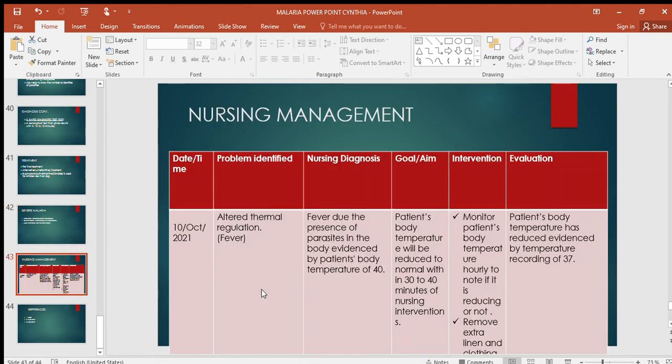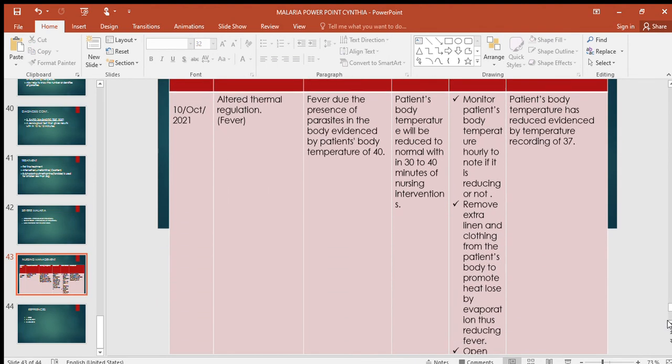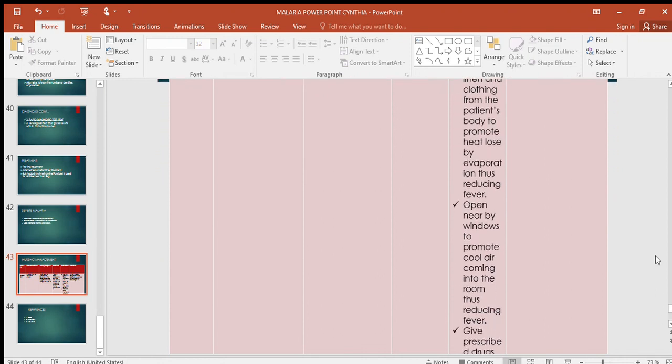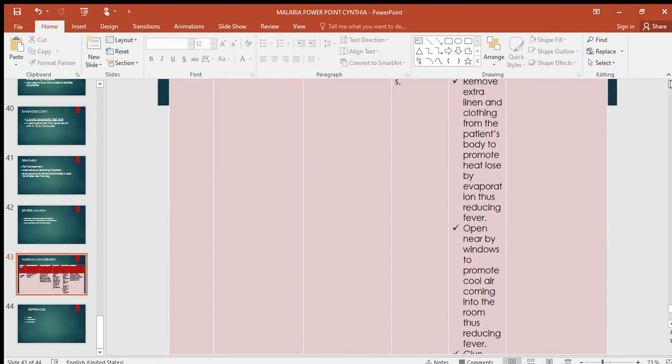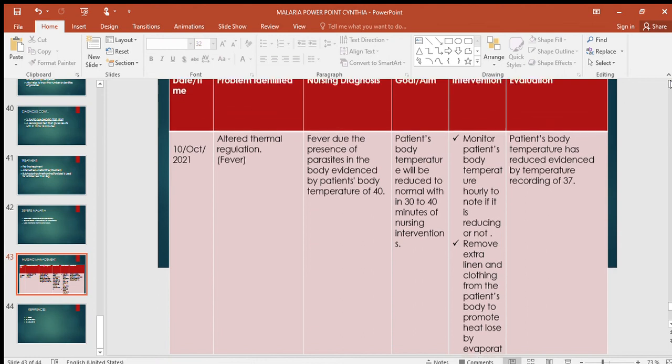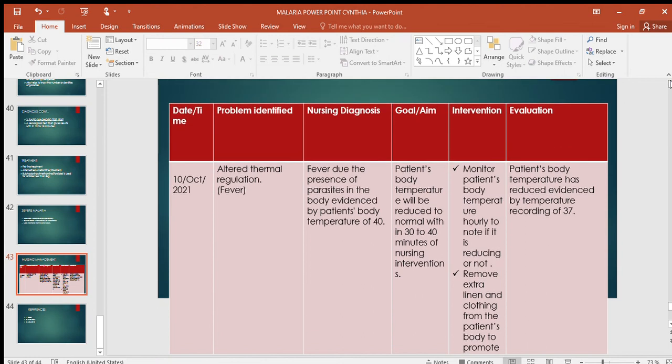Then here is just an example of how we are going to nurse the patient. So I've just identified one problem as for now. So this is just how you can write your nursing care for a patient with malaria, and the problem that we identified was fever, which is altered thermoregulation.